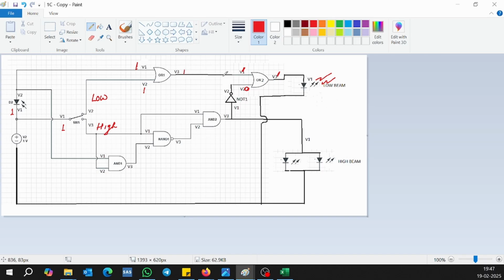So this remains 1, this remains 1, and the low beam is still on. You got it? So no change happens, because you have to have the low beam at least when you are driving at night. Even if someone hits you with his beam on your car, the low beam doesn't change; it remains as it is. Understood? The low beam remains as it is.